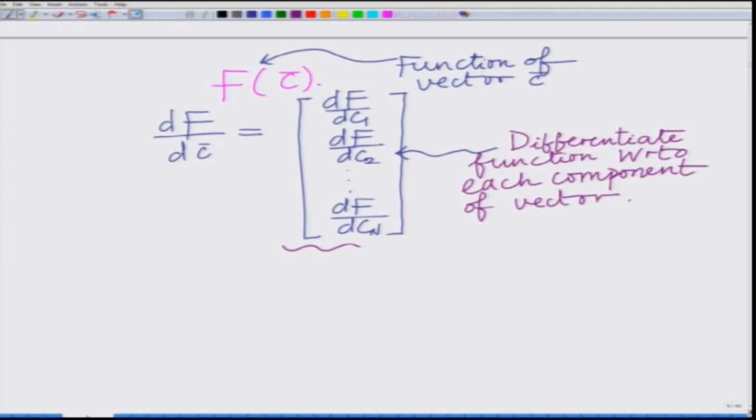So, the vector derivative is naturally going to be an n dimensional vector, containing the different components df by dc1, df by dc2, and so on up to df by dcn.